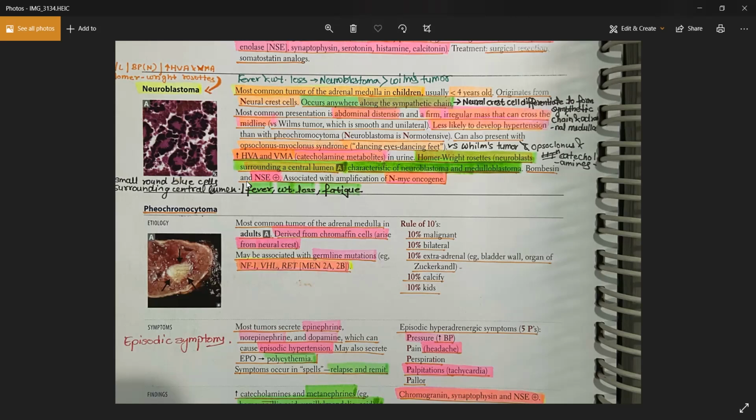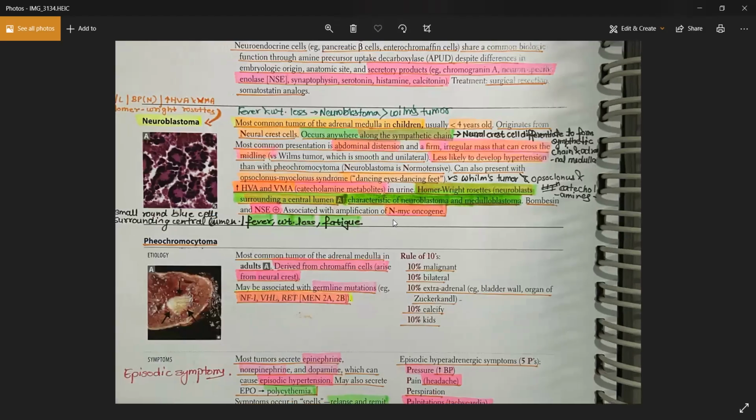So it is always going to be fever, weight loss, and fatigue for every tumor. It is common. So you can have fever, fatigue, and weight loss in the neuroblastoma also. Okay, so yeah, that would be it. Any doubt on the neuroblastoma?